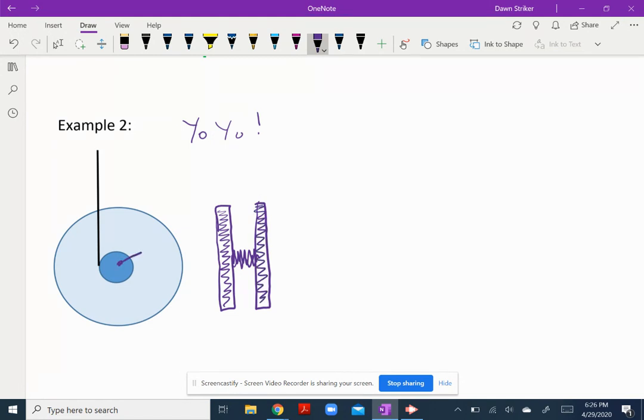So if my large disc has a mass of capital M and a radius of big R, and my small dowel in the middle disc has a mass little m and a radius little r, my moment of inertia for this shape is going to be I of one disc plus I of another disc plus I of the small disc.